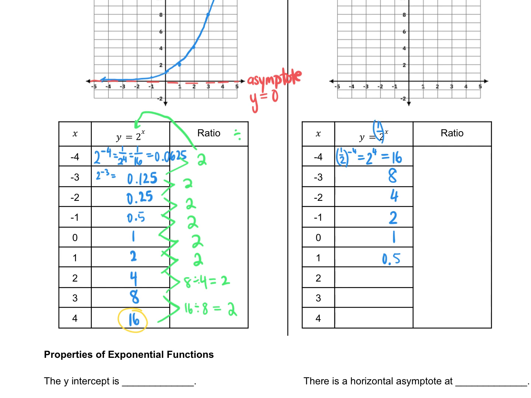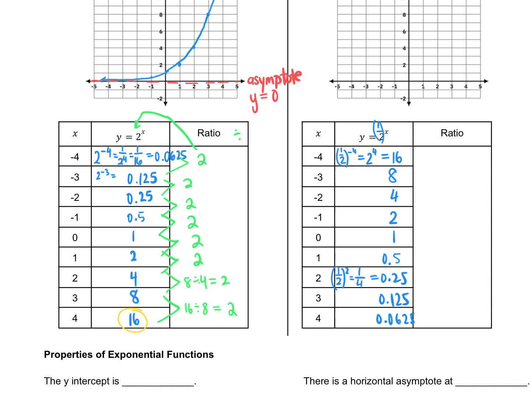A half to the power of 2 would be 1 to the power of 2 is 1, 2 to the power of 2 is 4, which is 0.25. A half to the power of 3 would be an eighth, but that's 0.125. And a half to the power of 4 would be 1/16, which is 0.0625. So we have the same numbers here, except they're in the opposite direction.